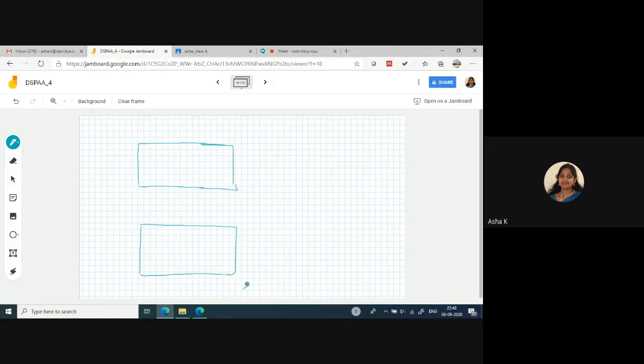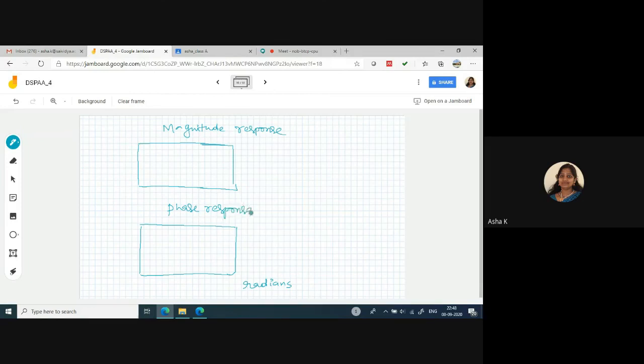The first plot is the magnitude response, and the second plot represents the phase response.